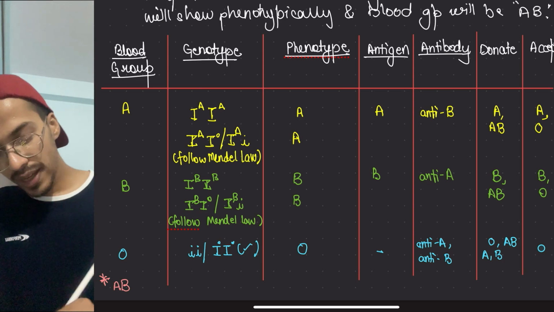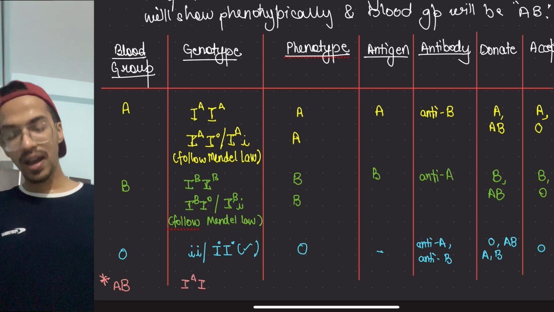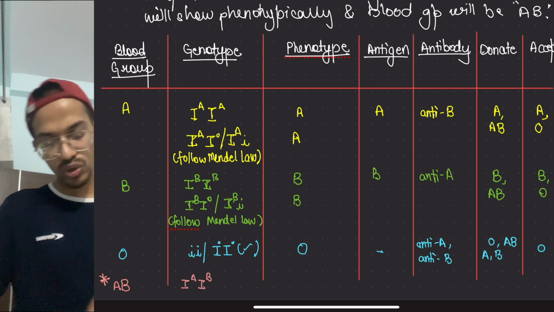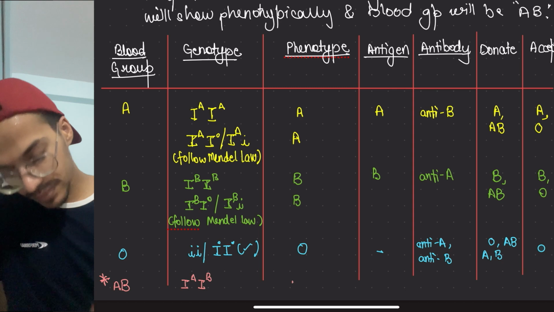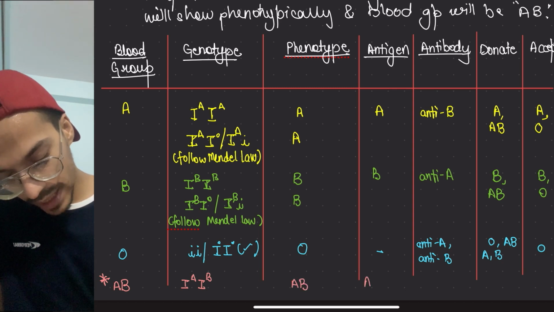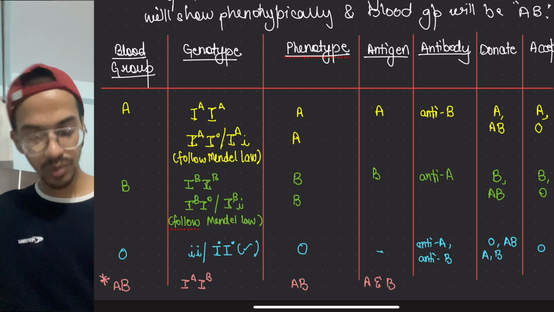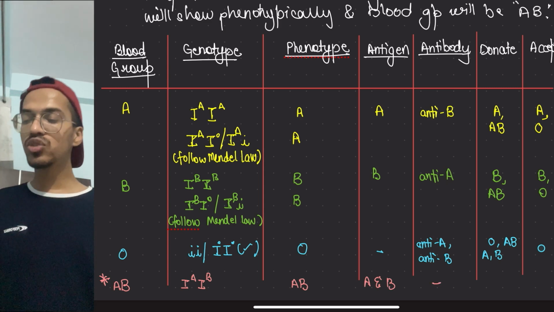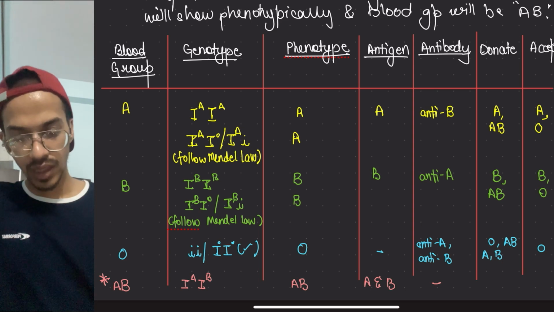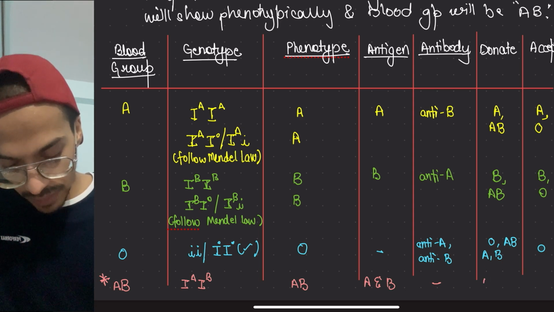Now here it has A and B alleles, so the phenotype becomes AB. Both the antigens A and B would be present here. No antibodies would be present because both the antigens are present, so antibodies won't be there for it. Then it can donate blood to AB.